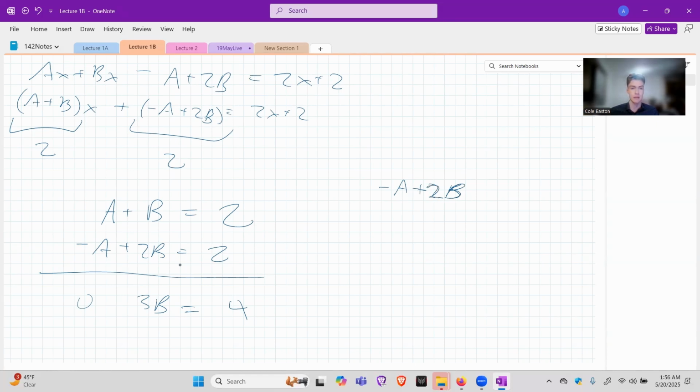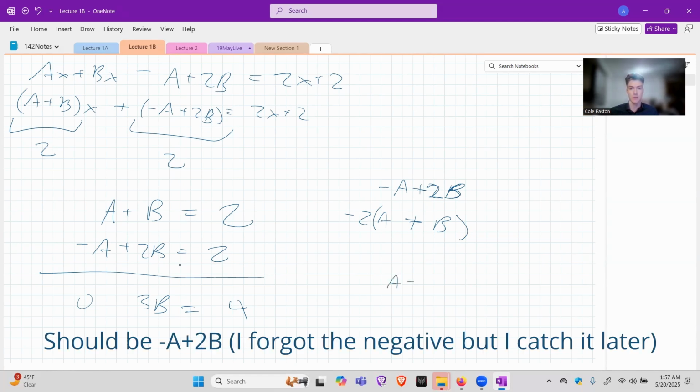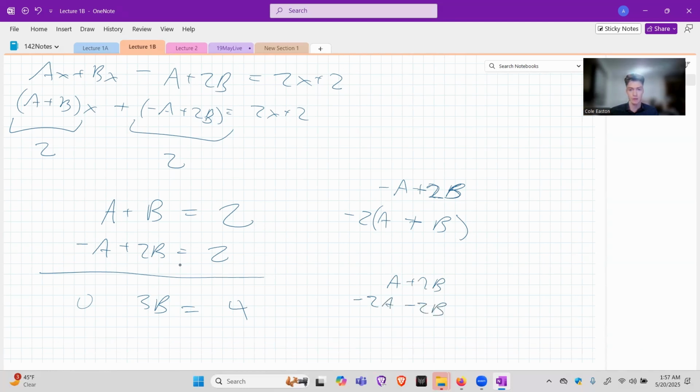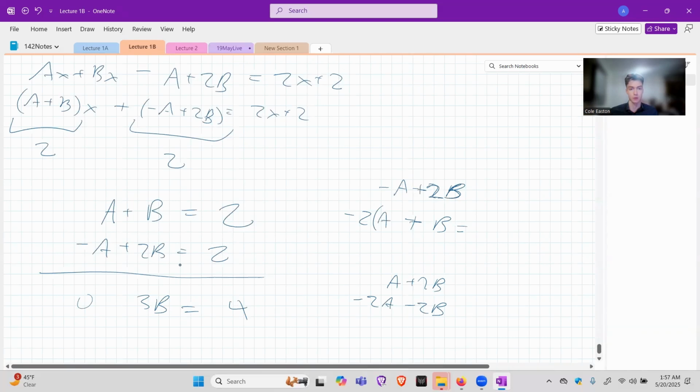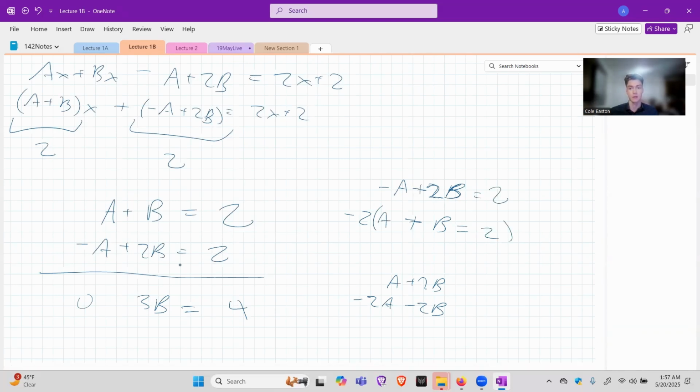Well, then I have this a plus b, and in order to cancel those b's, I need that b to be negative 2b. So I'd multiply this whole thing by negative 2. Then I'd have a plus 2b on top, then negative 2a minus 2b. And I should make sure I'm including that equal sign inside of what I'm multiplying. So it's going to equal negative 4.